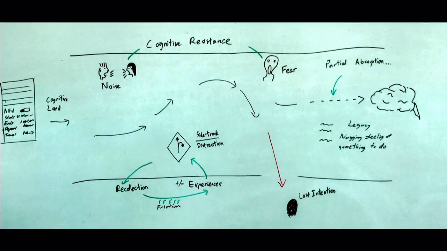So while thinking about the next Star Wars movie, he might have recollected his experience with the previous Star Wars movie, and the cycle goes on, right? And then, they might be remembering one of the characters in it, and on and on. So sometimes this resistance may cause partial absorption of the cognitive load, or even worse, total loss of intention.